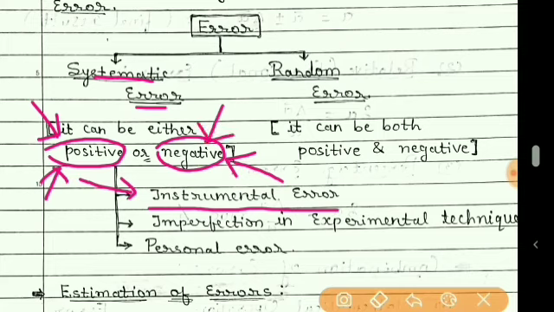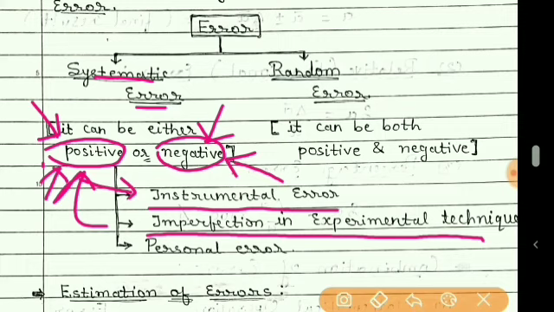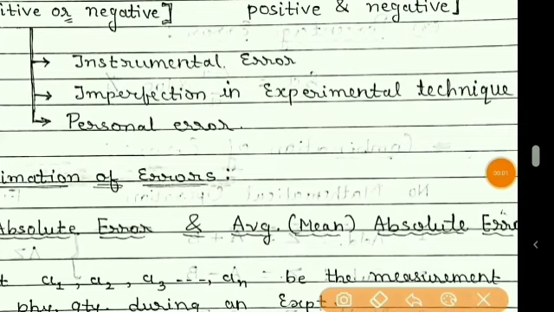Even the imperfection in the experimental technique will give error in one direction only, either positive or negative. Even personal error can also arise due to negligence of a person doing the measurement or any experiment.